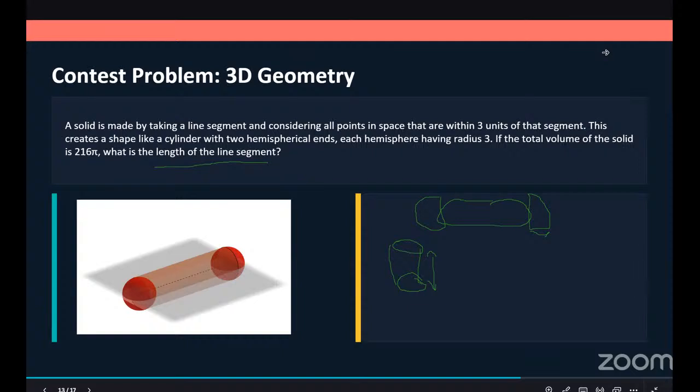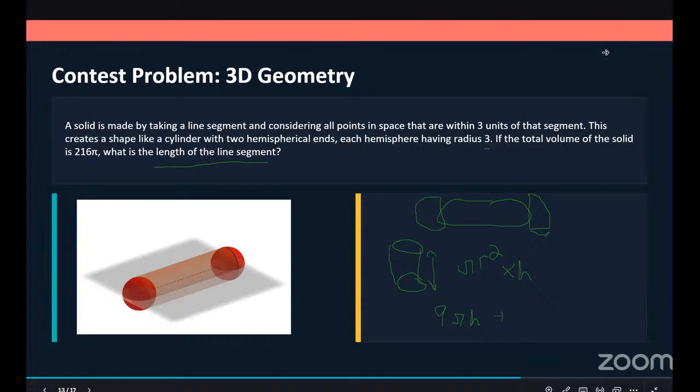The volume of anything is just the base times height. The base is a circle, which is pi r squared, times what we want to solve, which is the height. Because the radius is 3, we can say 9 pi times the height, plus two hemispheres.